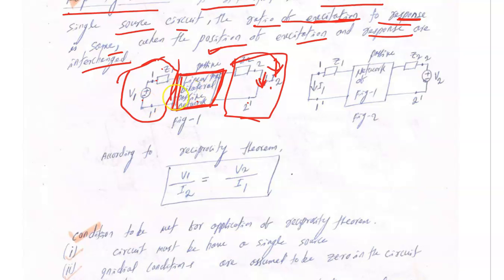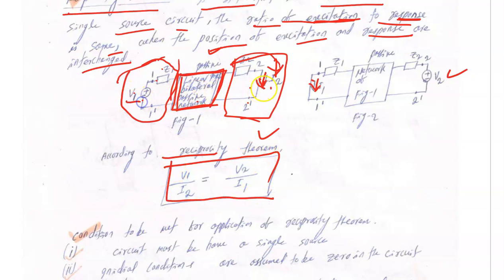Now I interchange the voltage, or in other words, you connect another voltage V2 at the output and measure the current at the input side. So according to the reciprocity theorem, it states that this ratio, that is excitation upon response, is equal.